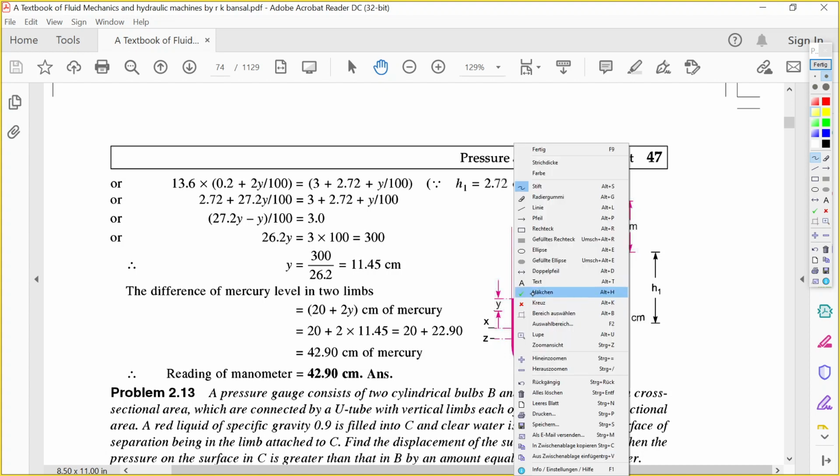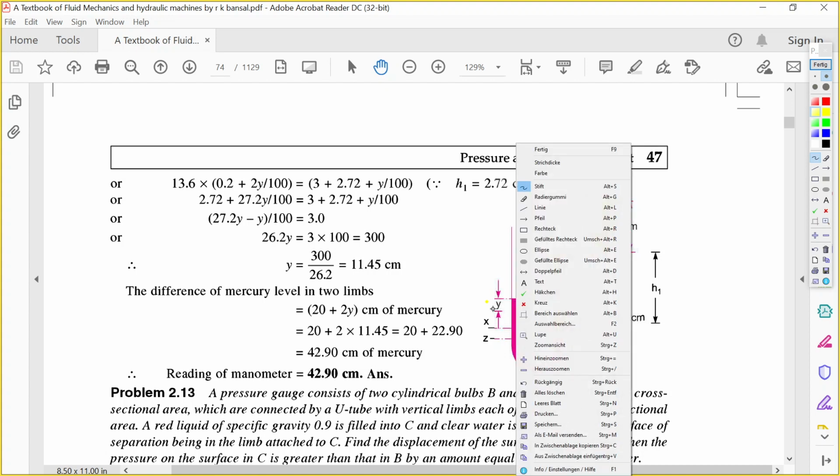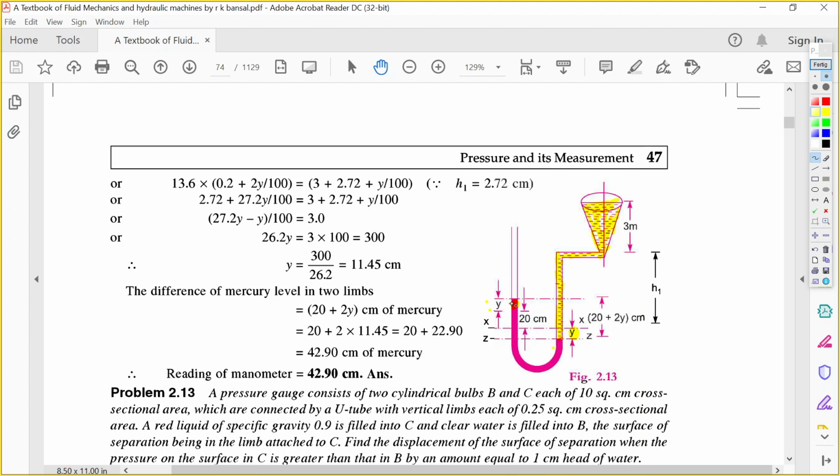This one is the increment, this one is the increment, and this one is the increment. So this is Z, the new line, Z dash. This one is the new datum line. Above this datum line, here is y, and here is also y.